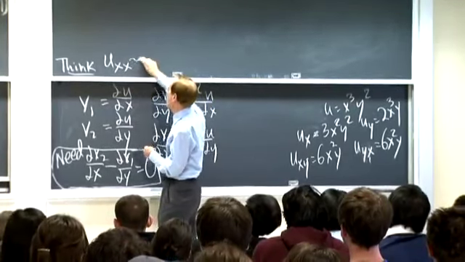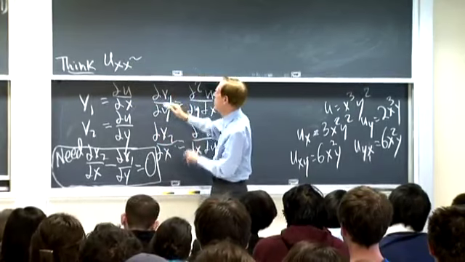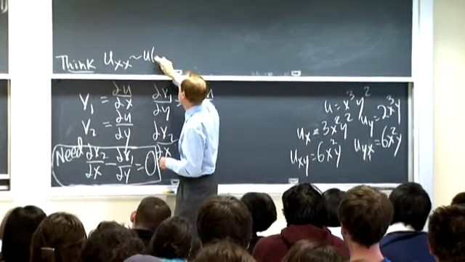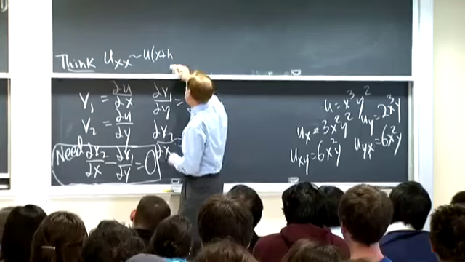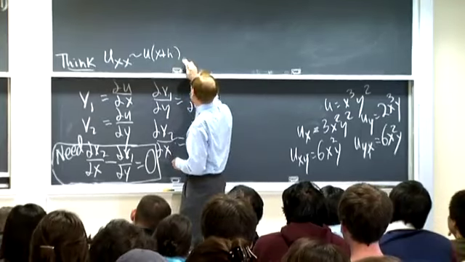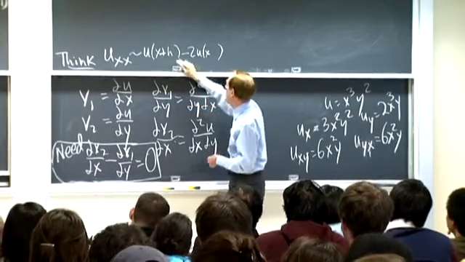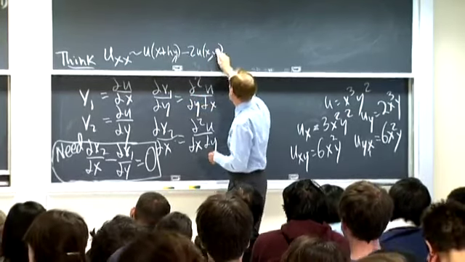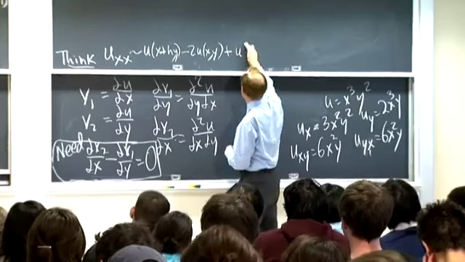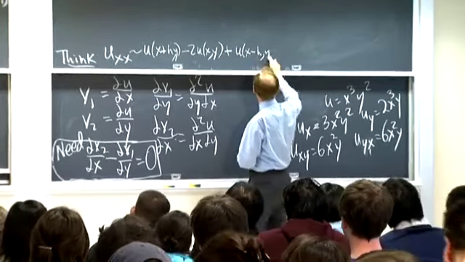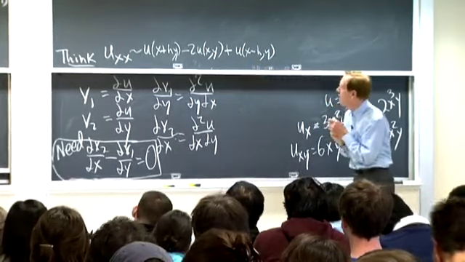uxx, we've got a handle on. We know that that's like u at x plus h, y, minus 2u at x, y, plus u at x minus h, y. We've seen that, right?